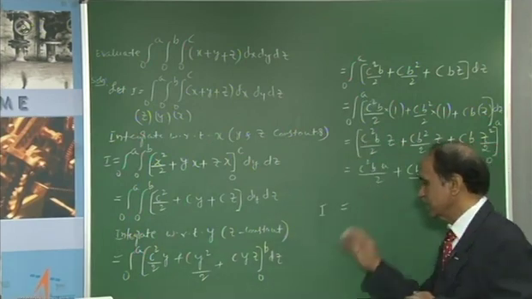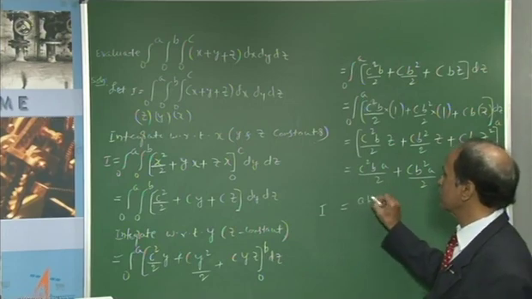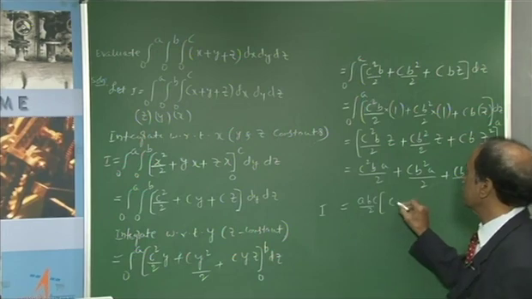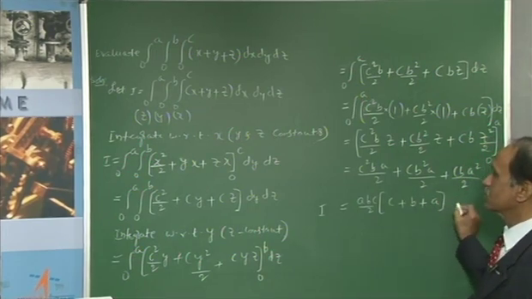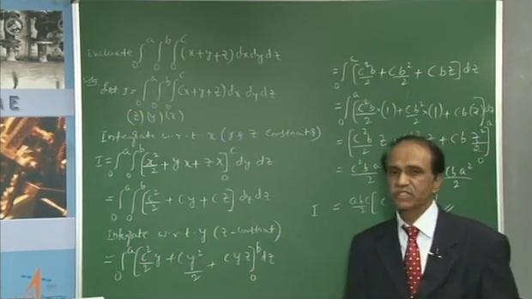But now mathematically we can go up to the last step here, that is abc by 2 you can take common, leaving c here, b here and a here. So your answer is abc by 2 multiplied by a plus b plus c.